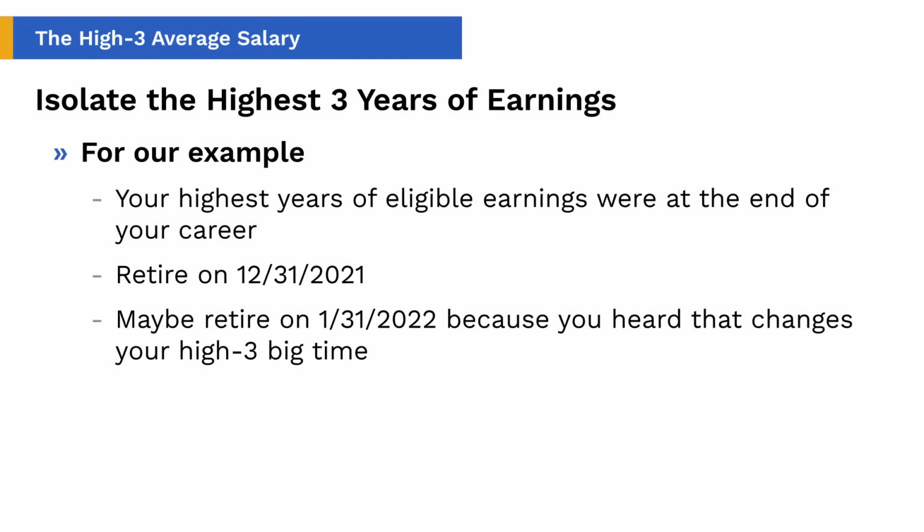But you heard that you should wait until January of next year to retire because we're due for a big pay raise, right? And so that's going to change your High-3 big time. At least that's what you've heard. We're going to shed some light on that idea in just a moment. But for now, let's assume in this example that you are in fact going to retire December 31st of 2021.